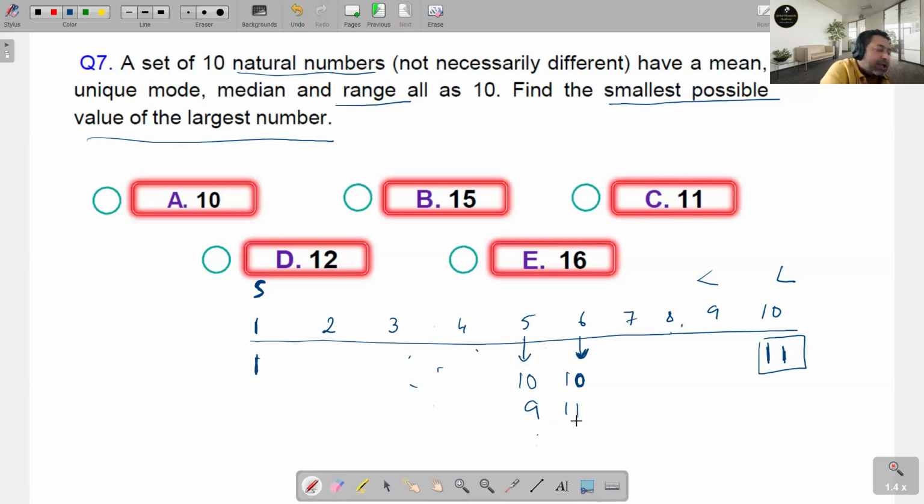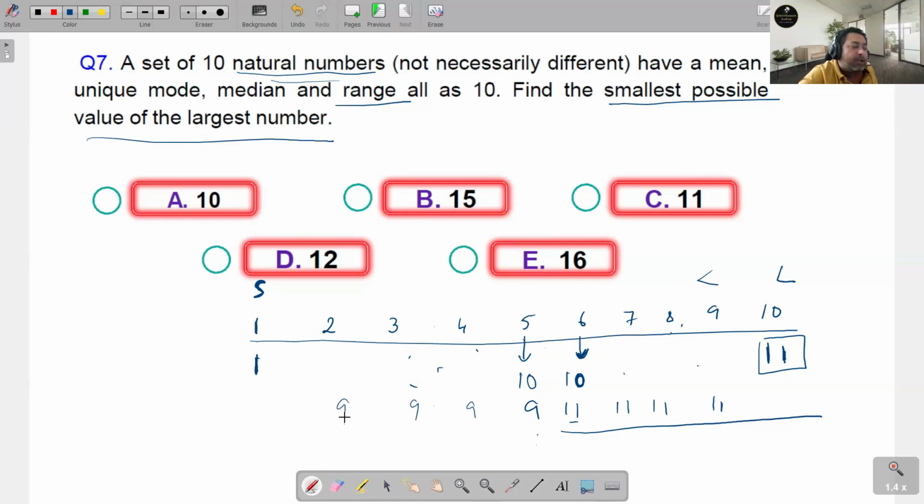Now, if you put a 9 and 11 here, all the numbers after, the 7th, 8th, 9th, will also become 11, because all are natural numbers and they are in increasing order, so you cannot have anything else apart from 11. So you will have 11s here, and you won't have a 10 either. Even if you put all 9s here, you don't get a 10.